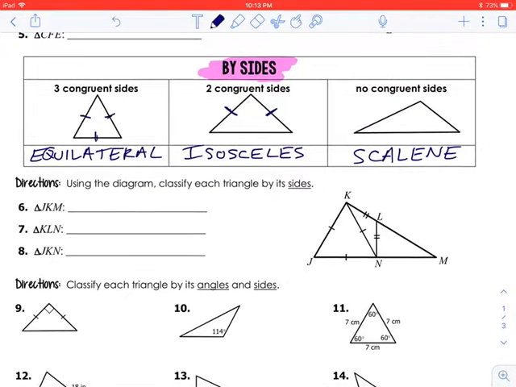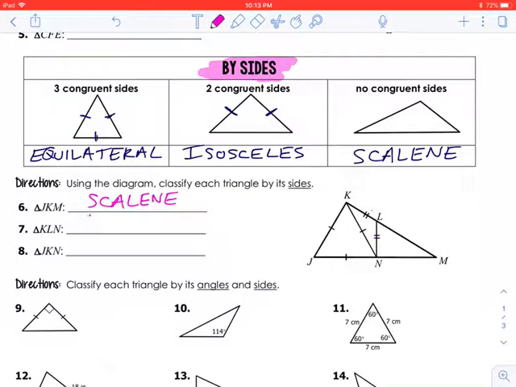Again, in our picture, you don't have to write this down, but look at what we have. JKM is kind of the whole thing there. None of those sides are the same, so that would be scalene. And then KLN, this one right here. It says that these 2 are the same, but the third one's different.